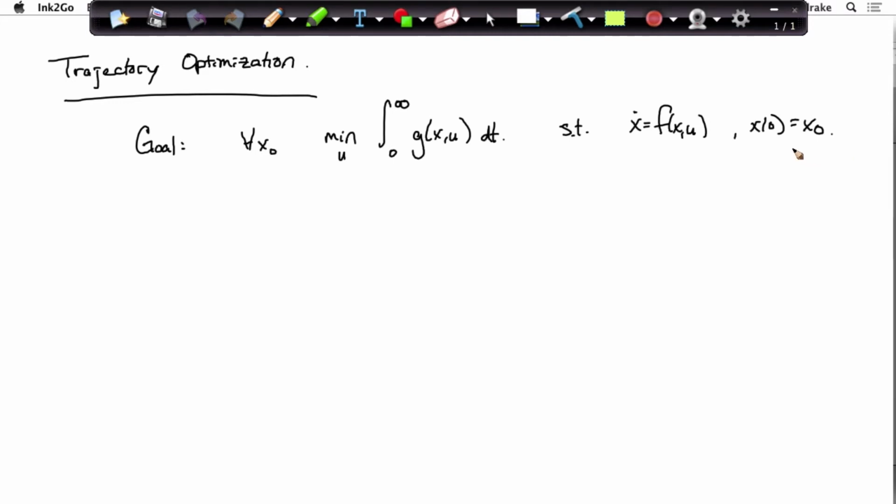And maybe I have some additional constraints, like input limits or state constraints. But this is hard. Solving this problem is hard.